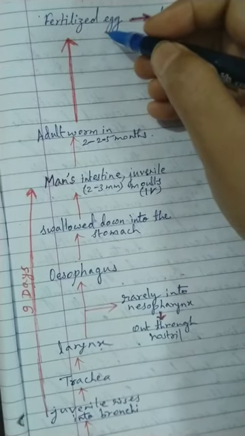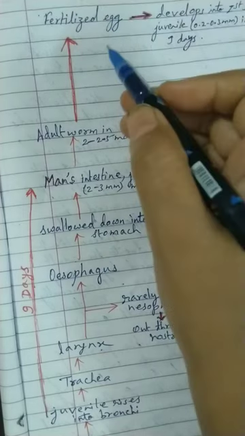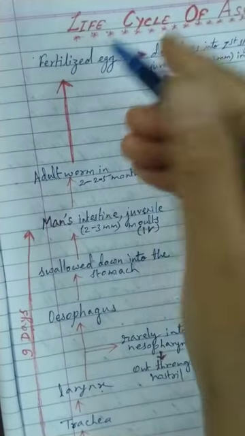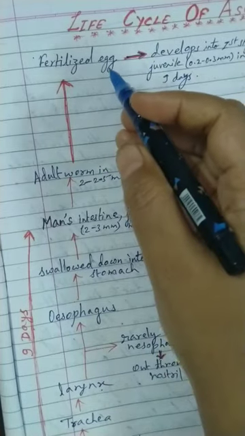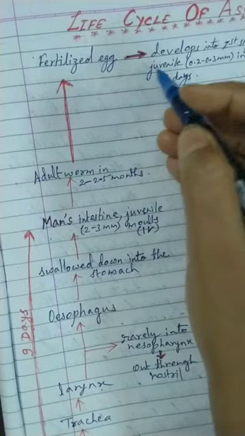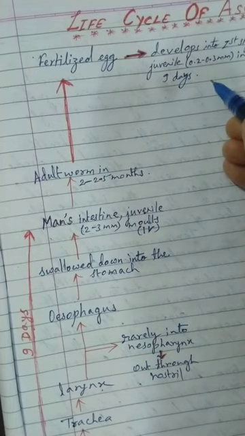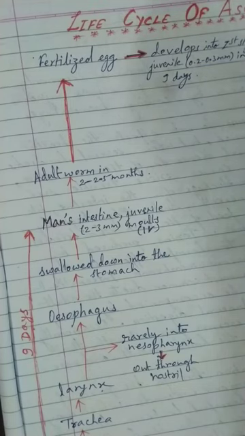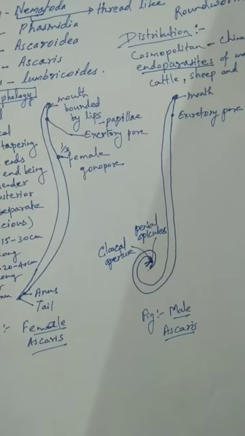Fertilized eggs are liberated from the body through the stool, and further development occurs in the soil. After getting favorable conditions, the larva inside the egg molts into first stage juveniles, and in the same way the process continues.